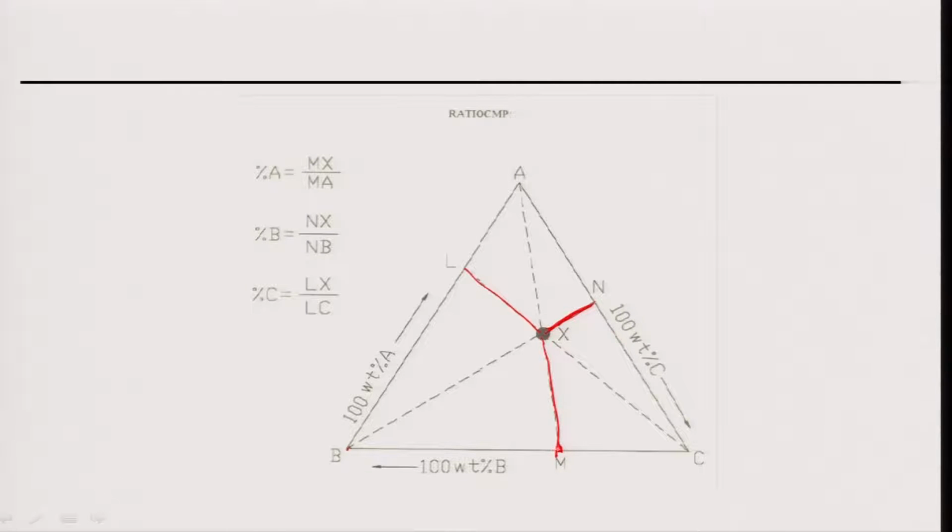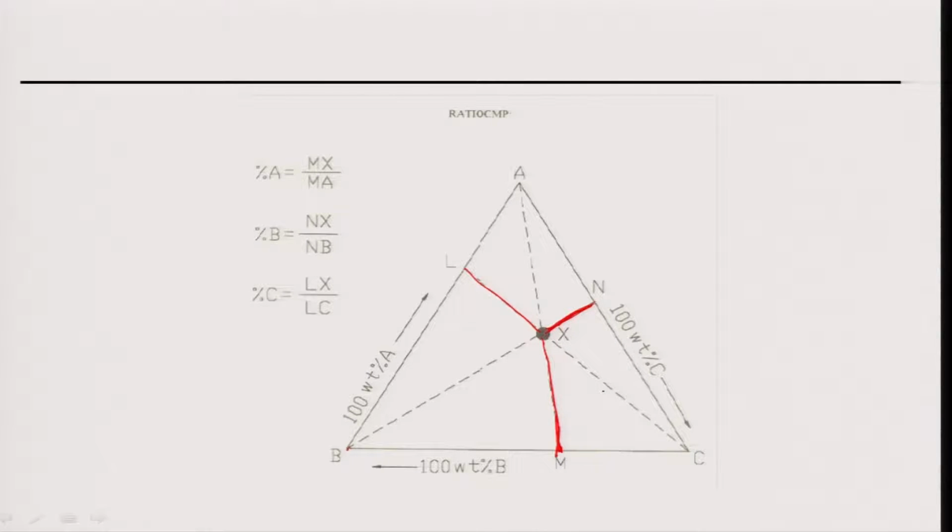Now, the question is this: to know the composition of A, I take the normal which is sitting opposite to the point A. Here you see XM is just a normal sitting opposite to A. So, A concentration is basically XM divided by AM, MA is the whole thing, just like a lever rule, opposite arm. Similarly, if I want the composition of B, I go to the opposite of B, that is XN divided by BN. Similarly, for the composition of C, I take the length XL divided by LC. That is what is done.